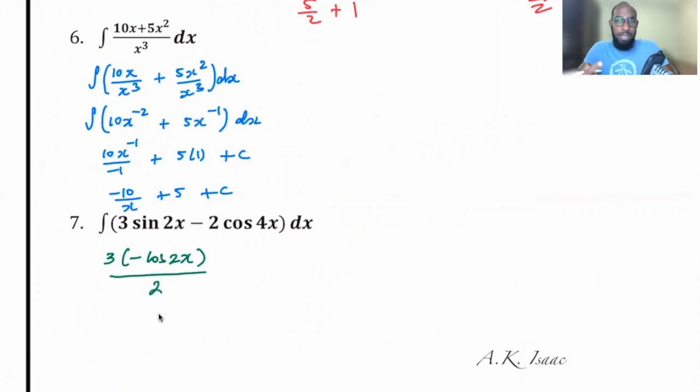When we differentiate, usually we multiply, but with integration, we have to divide. So the integral, you put on the 3, the integral of sine 2x is negative cos 2x. And then we differentiate 2x, we get 2, and that is what we have to divide it by, right? Minus, we go in here, put on the 2, the integral of cos 4x.